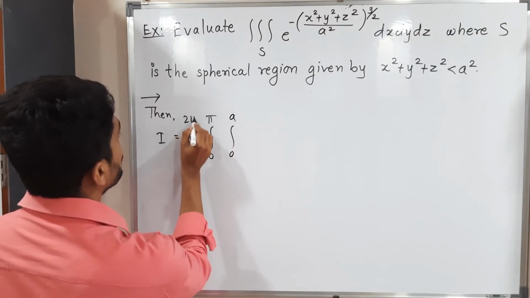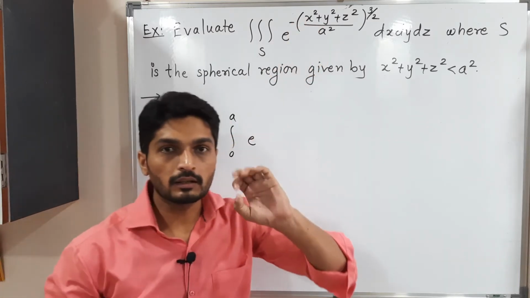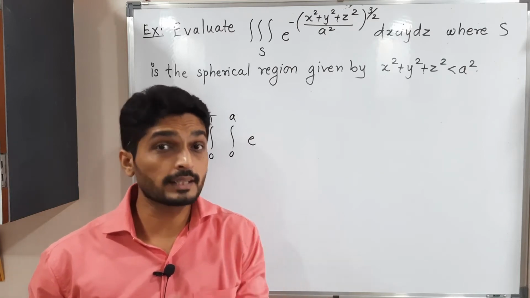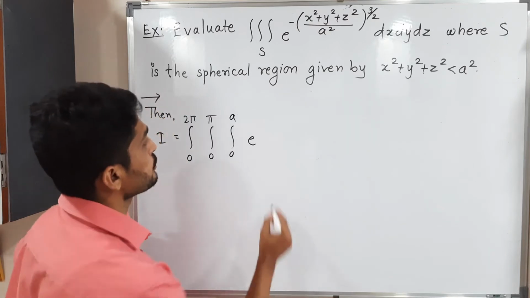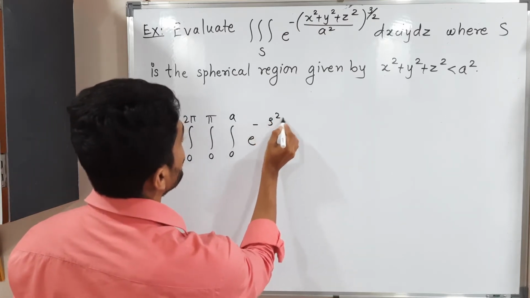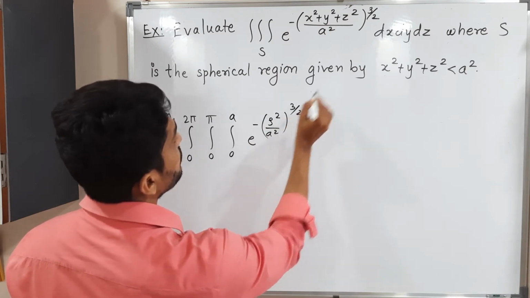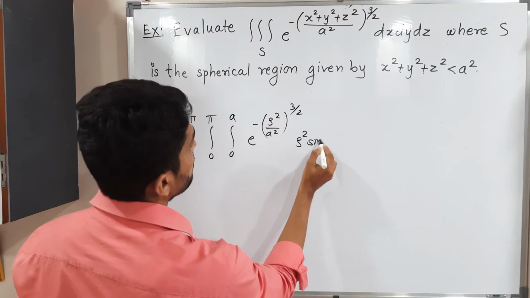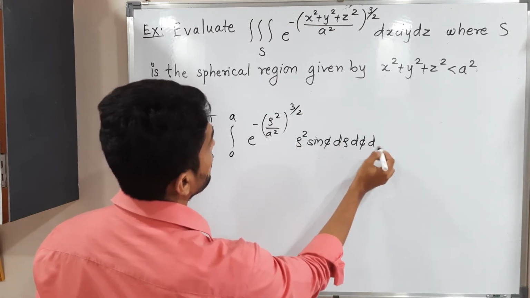See, e raised to, in our previous video we have seen x square plus y square plus z square is equal to rho square when we convert a problem into spherical coordinate system. So this is minus rho square divided by a square whole raised to 3 by 2, and dx dy dz, that means rho square sine phi d rho d phi d theta.